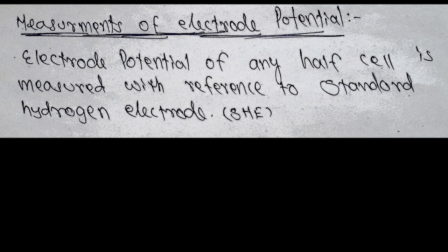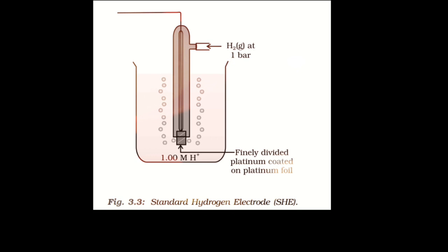This diagram shows the standard hydrogen electrode. It is a container which contains a solution with 1 molar H+ ion, for example 1 molar HCl or 1 molar H2SO4.